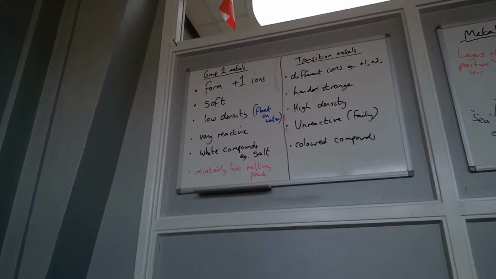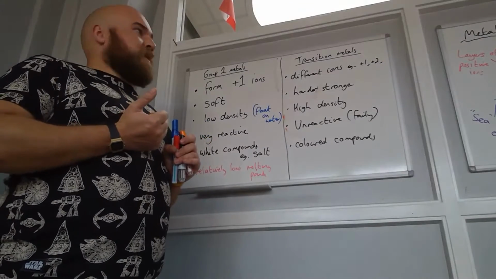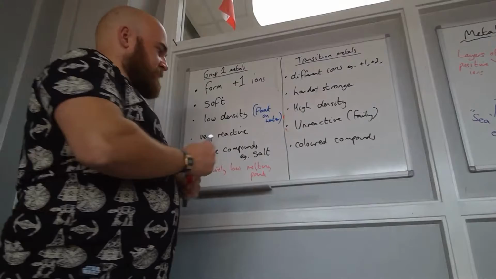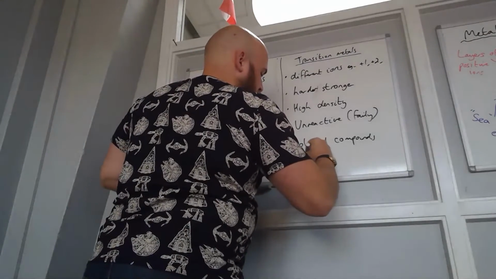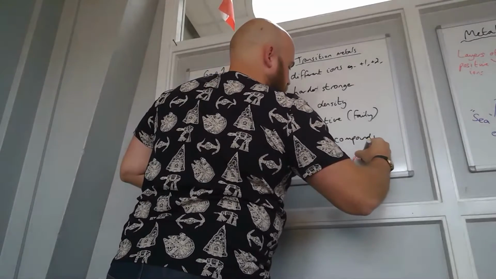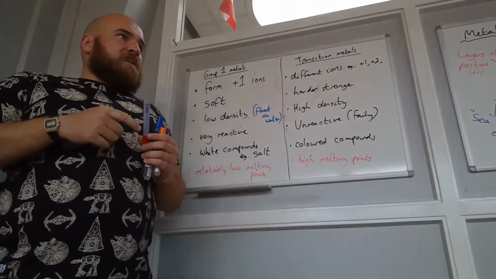Just looking at the task, I'm going to read them out. Do you know which ones have got relatively low melting points? Which ones have got high melting points? You've got the reactive, unreactive, catalyst.